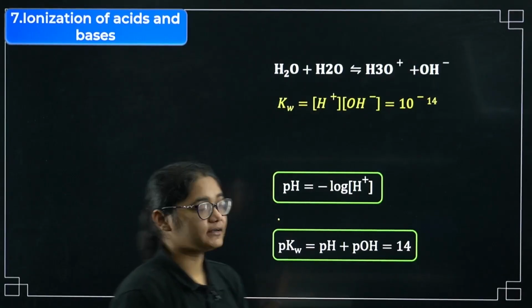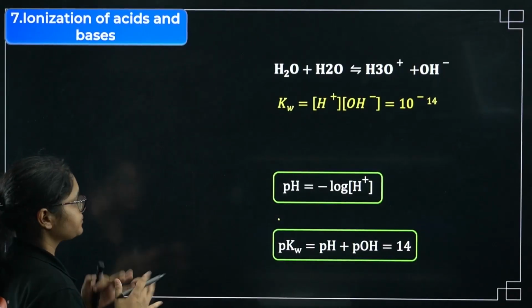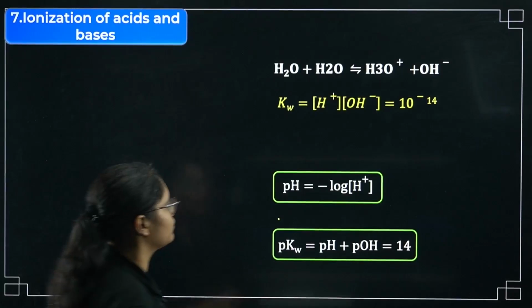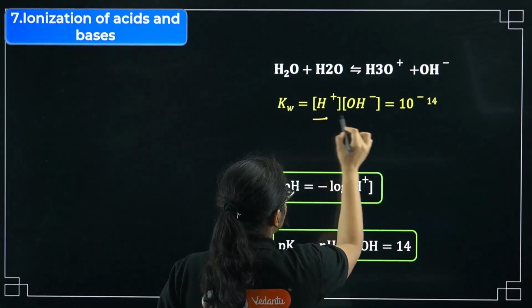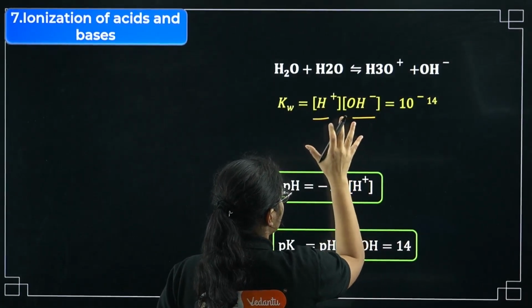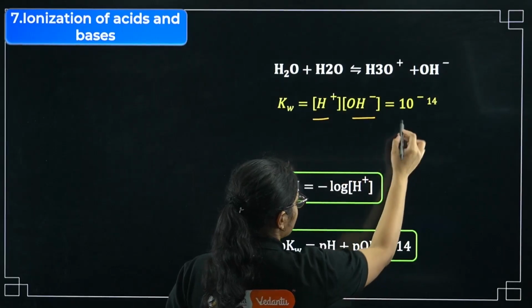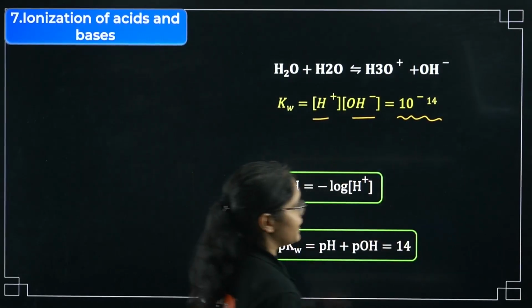Next we have something related to acids and bases. You should know that the product of H plus and OH minus is called the ionic product of water, and this value is 10 to the power of minus 14.